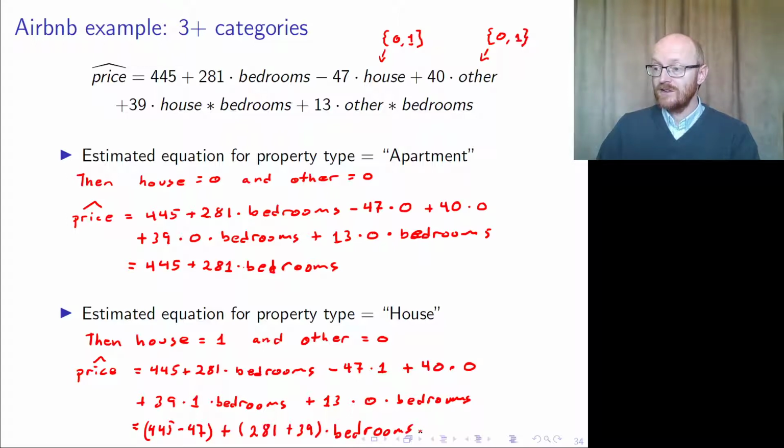Okay, so that would be the estimated equation for a property type house. So if you would estimate the price and you know the property type is house, then you use this equation.